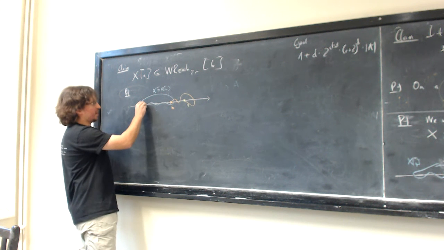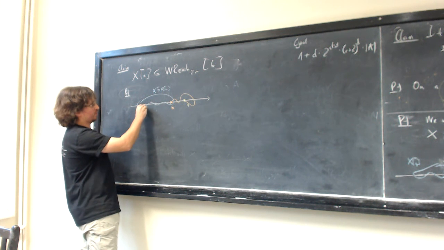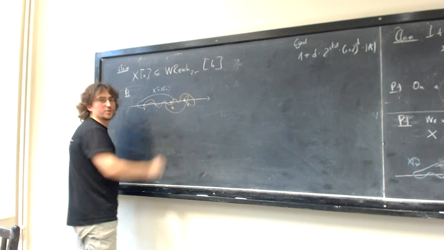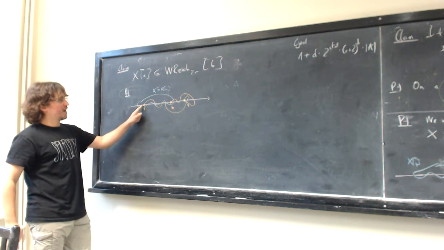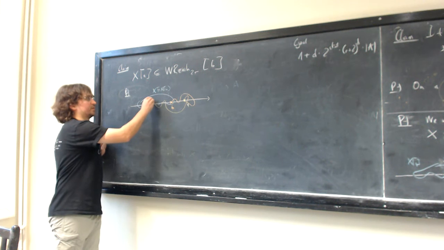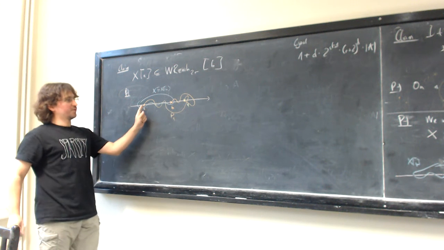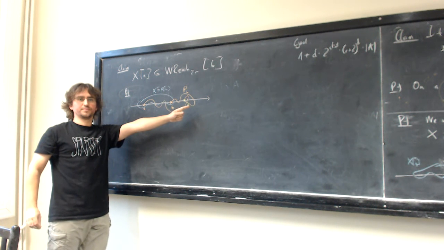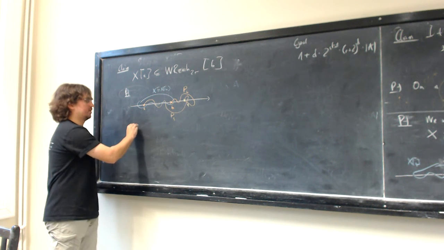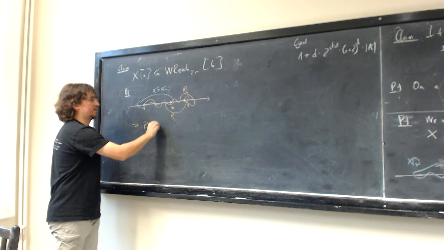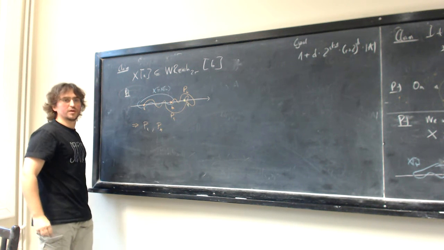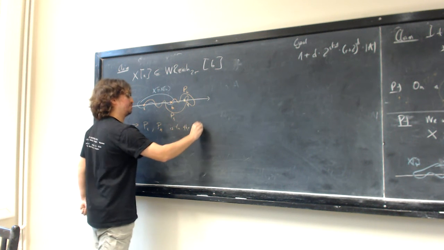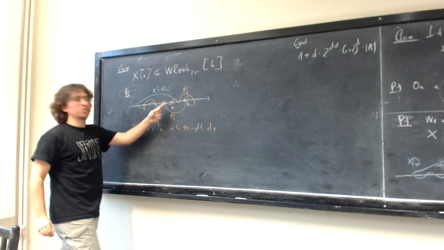And for every other vertex here, let's call him A, I can also draw a path like that, a weak reachability path. This path PA is to the right of A, and this path PB is to the right of B. So then the concatenation of PA and PB is to the right of A, because we chose B to be the rightmost guy.